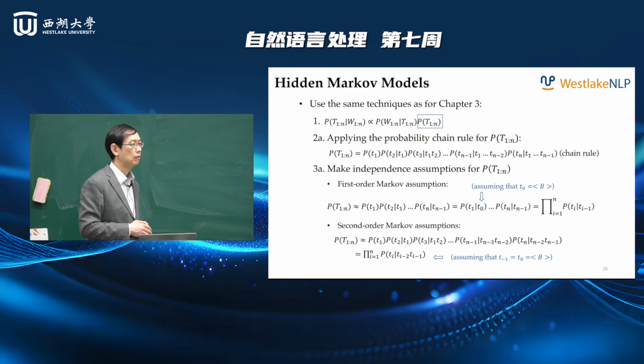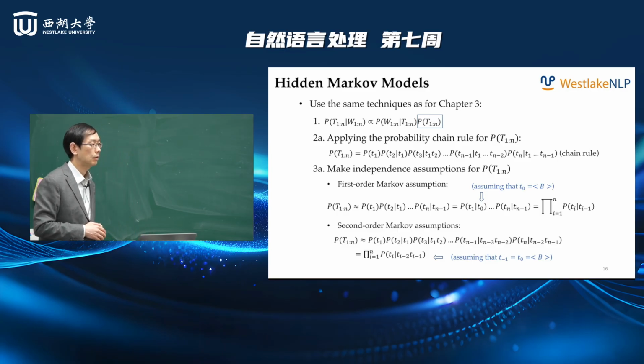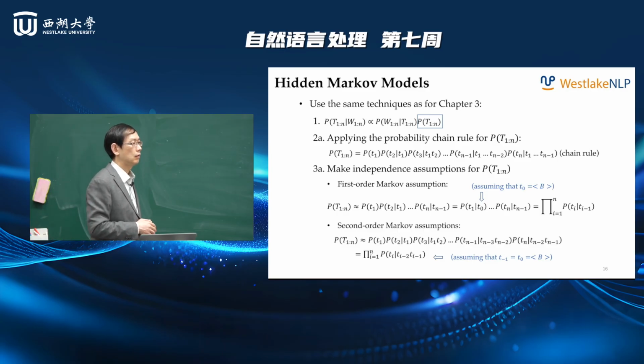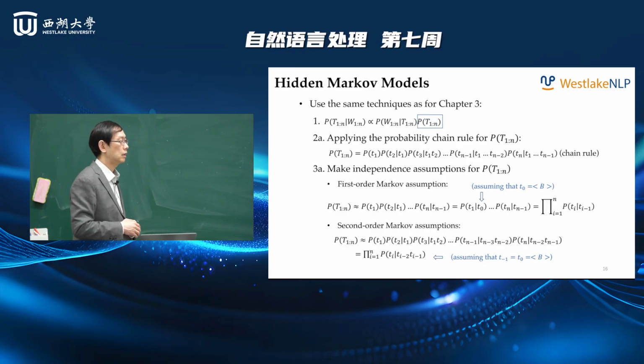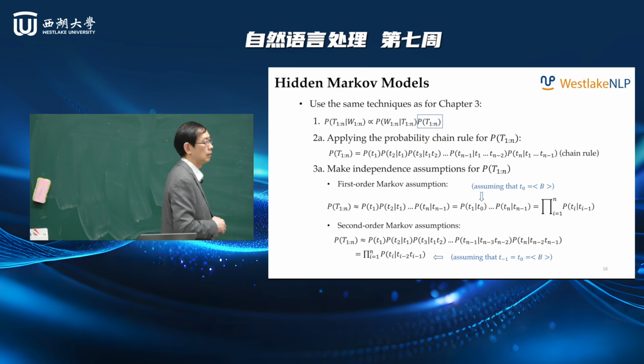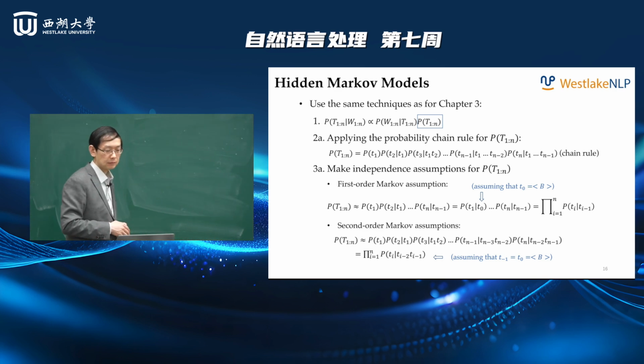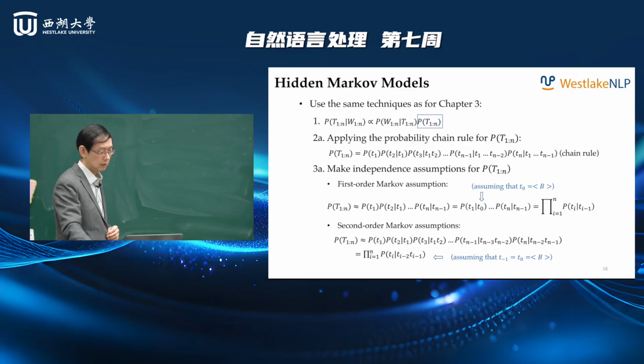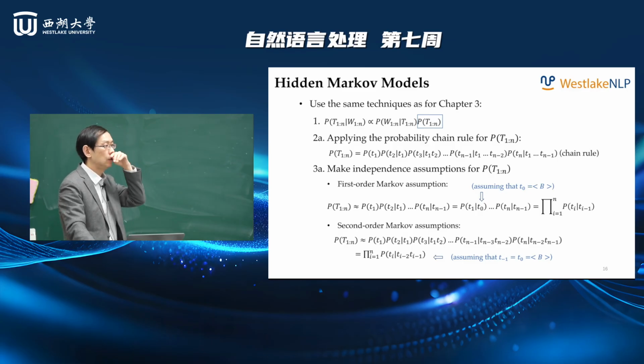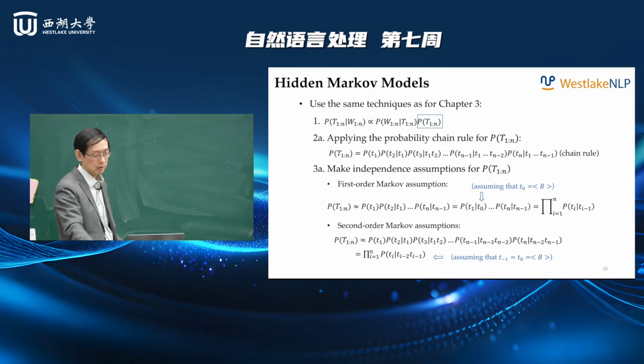How do we parameterize a tag sequence probability? Everyone is familiar because this is like parameterizing a word sequence probability, right? You learn n-gram language model. First step, chain rule. You take out every tag and put the remaining tags as the condition, right? Second step, independence assumptions.